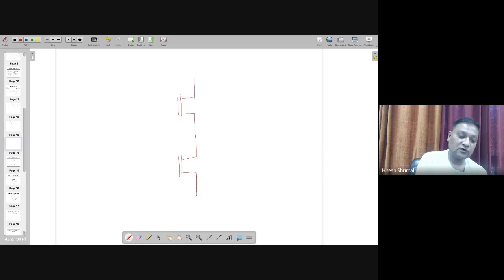You can use PMOS, two PMOS are there, but instead of A, you can give A bar. Because of this bubble, this becomes A as an input. Because of this bubble, this will become B as an input. And because of that, when A and B both are 1, then this is going to be here, right?